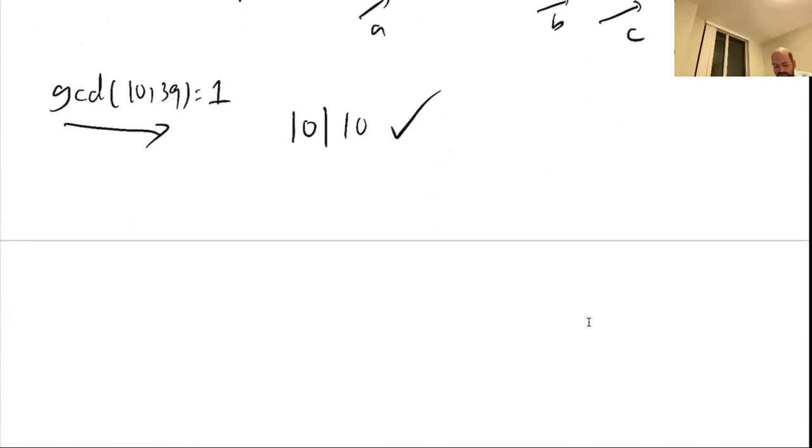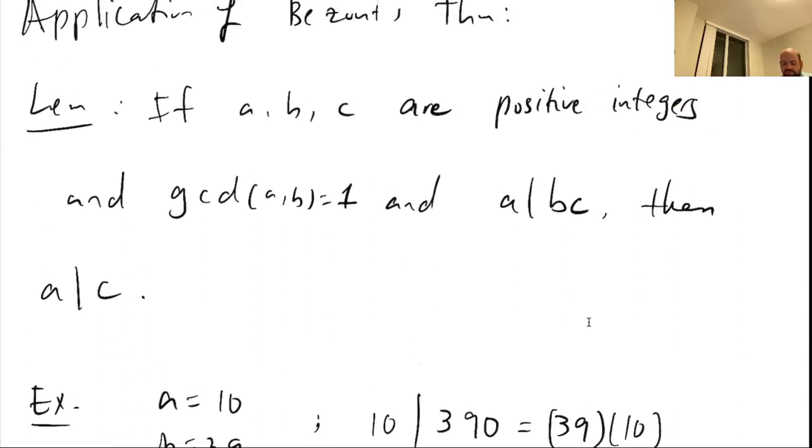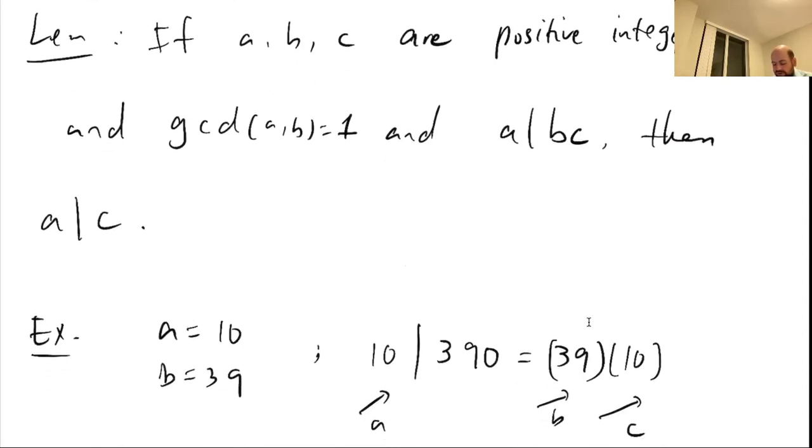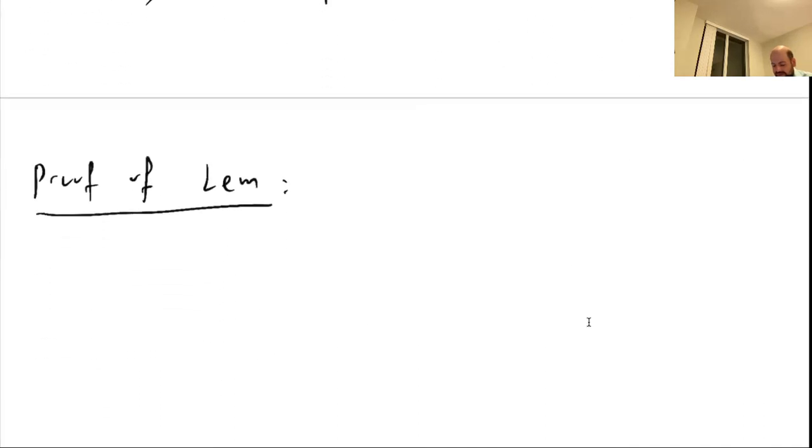So now the proof of the lemma. Let's look at the assumptions. One assumption is that the GCD of A and B is 1. If the GCD of A and B is 1, Bezout's theorem says that some linear combination must be 1.